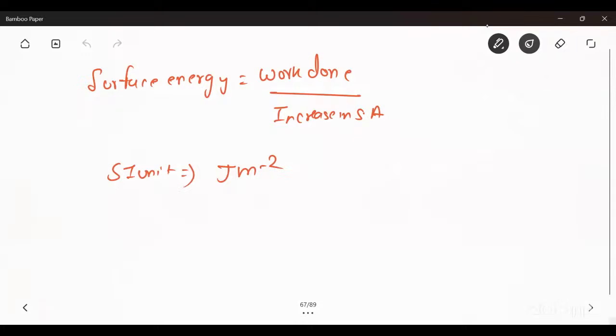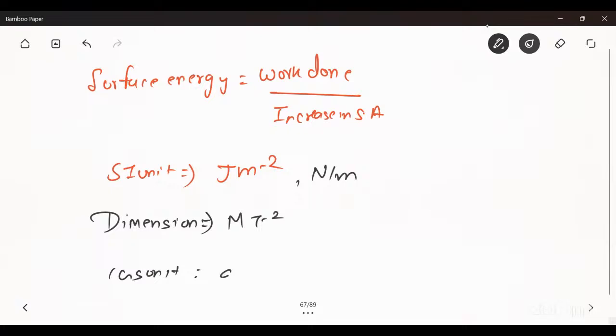The SI unit is joule per meter square, and you can also write its dimension. Its dimension is the same as the surface tension, MT^-2. Or, because surface energy is equal to the surface tension, you can write its SI unit as Newton per meter, or CGS unit as dyne per centimeter, or erg per centimeter square.